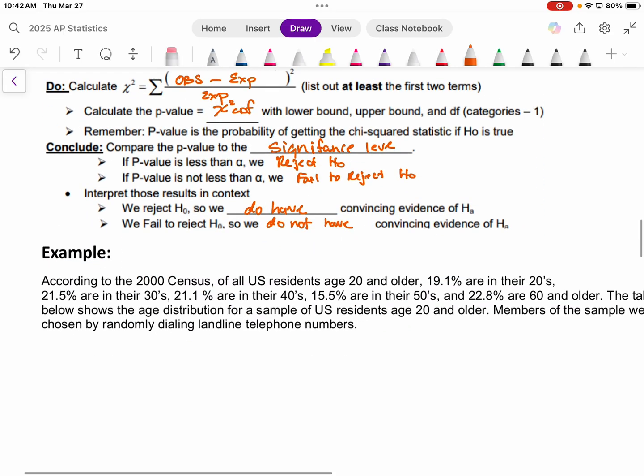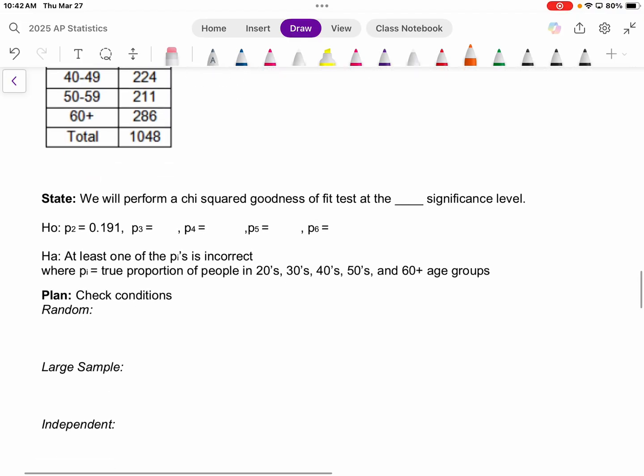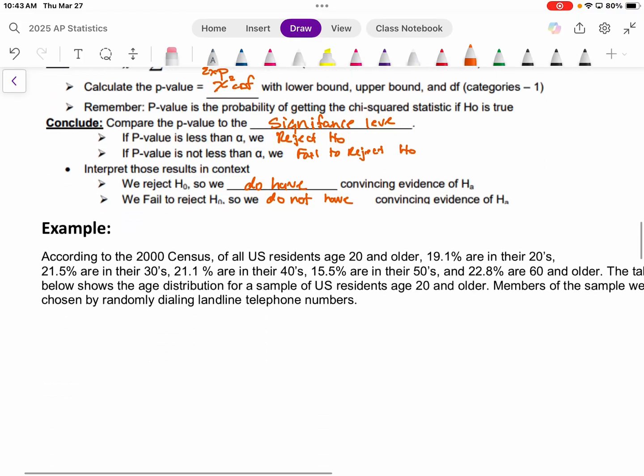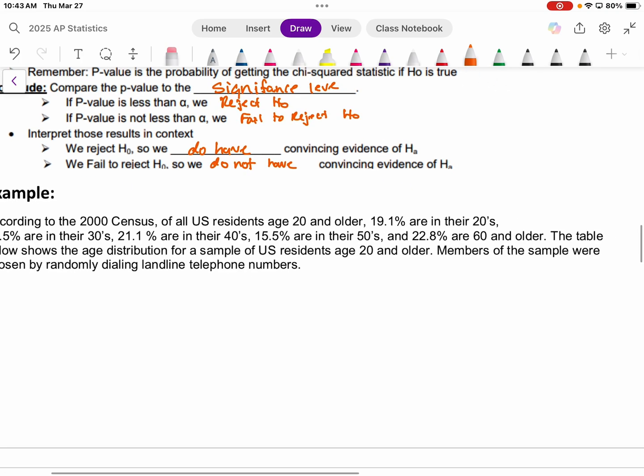So here's our example. I think we jump straight into the next page, where we actually do the hypothesis testing, so we don't have to write a lot of it on the first page. According to the 2000 census of all U.S. residents aged 20 and older, 19.1% are in their 20s, 21.5% are in their 30s, 21.1% are in their 40s, 15.5% are in their 50s, 22.8% are 60 and older.